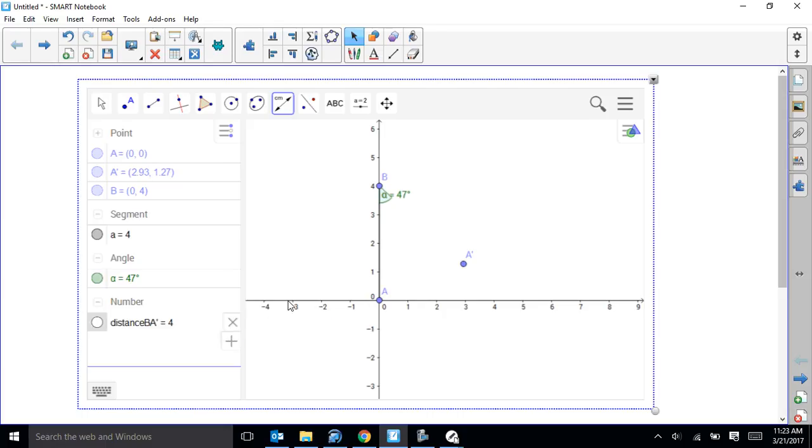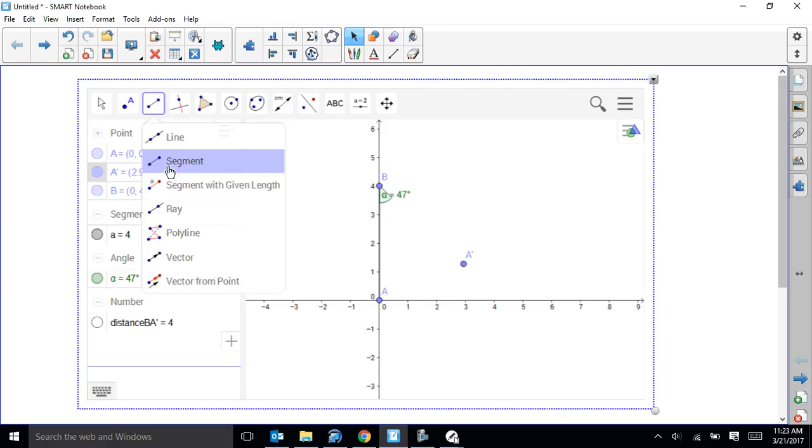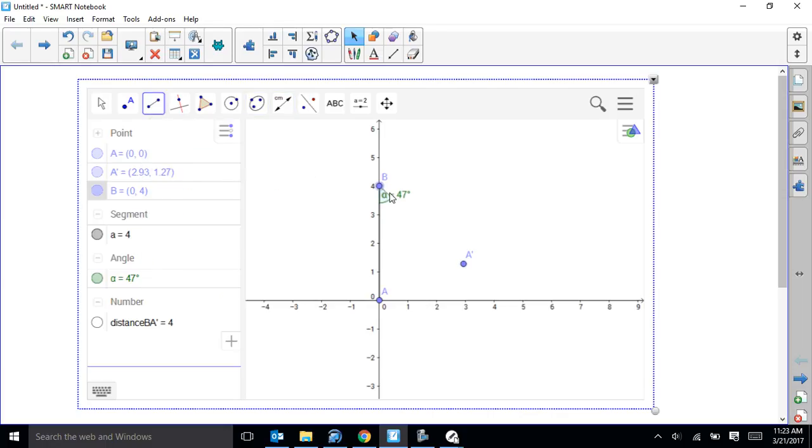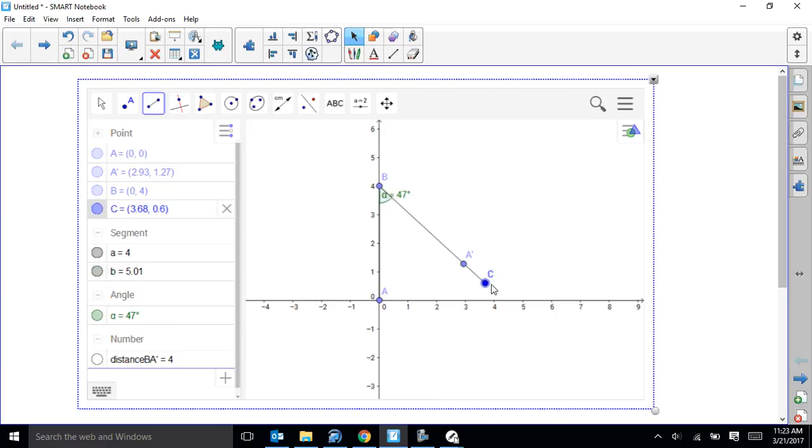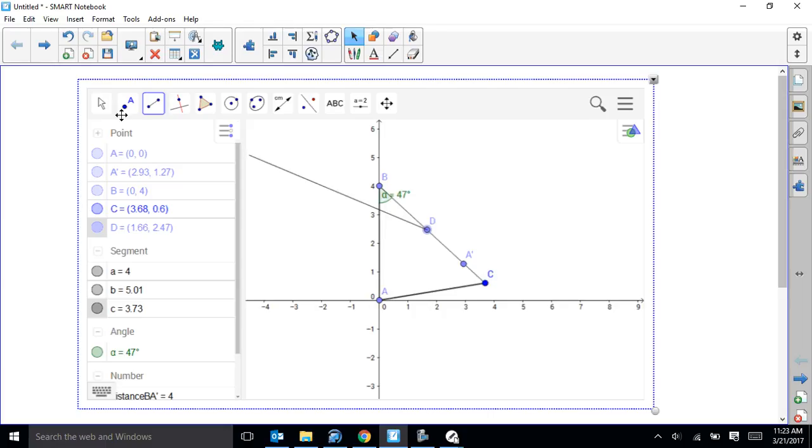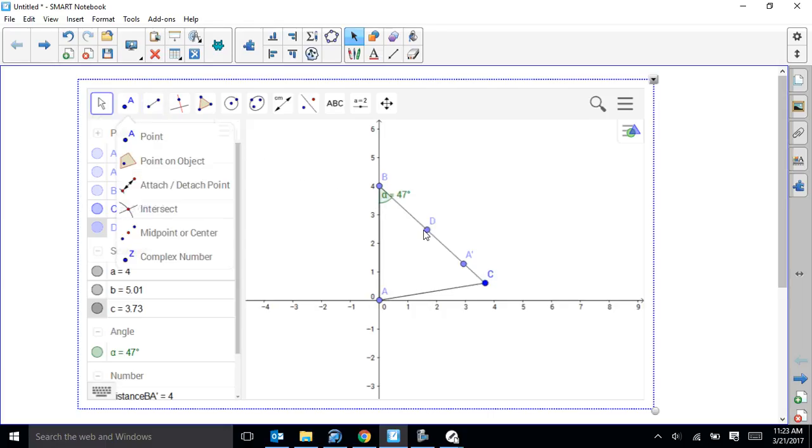How do I change that distance? Oh, it keeps adding things. How do I make B go away?